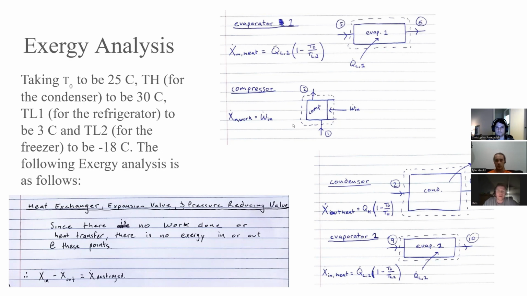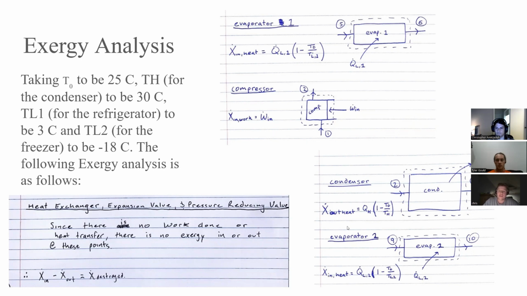Our compressor has exergy entering in a form of work. And that equation is as follows, because exergy entering in a form of work is going to be equal to the work on that component.